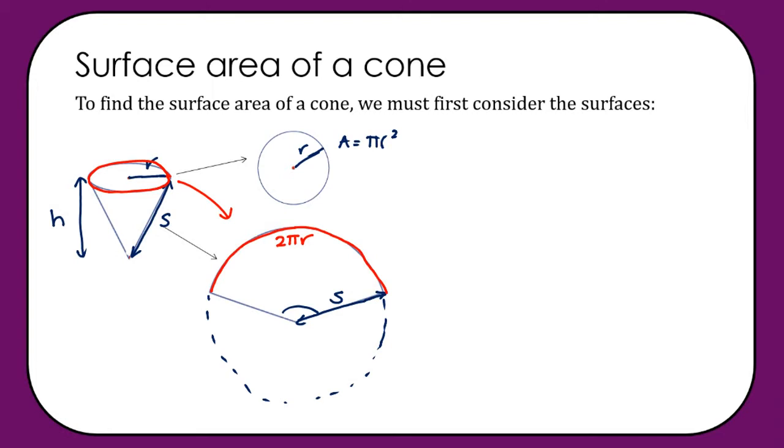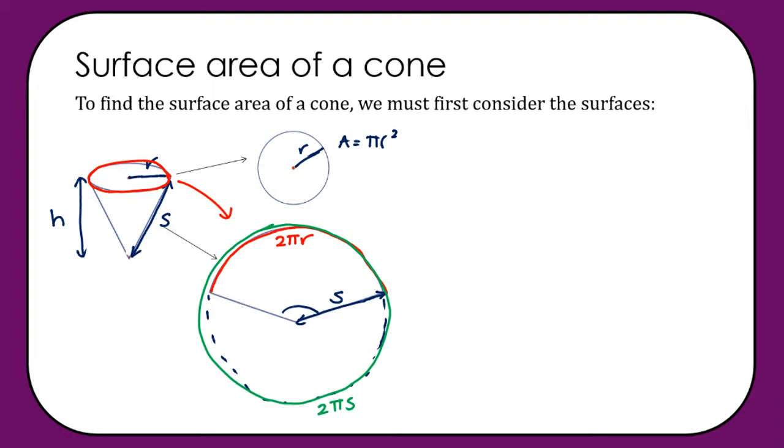Now, we know that the total circumference, the whole way around here, is for a circle with a radius of s. So that total circumference is 2 pi s. Now, if we're thinking about the area of this sector, we have information to give us the fraction, what proportion of this total circle the sector takes up.